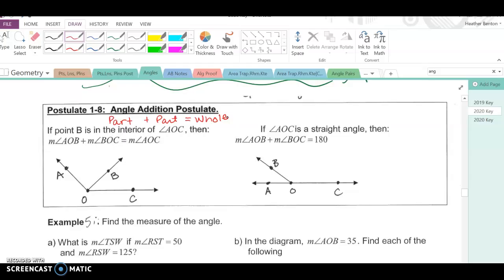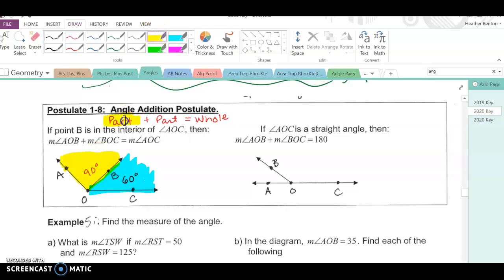So, for example, we have angle AOB here, and let's say that looks exactly like 90 degrees to me. I'm just making up numbers here. And then we have B to the O to the C. This blue angle here is like, I don't know, 60 degrees. And so those are the two parts, right?